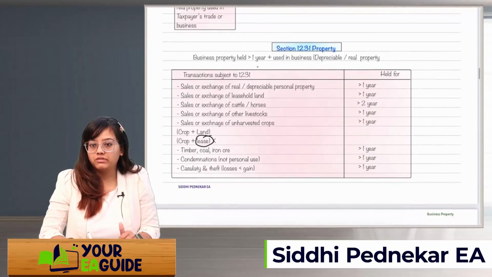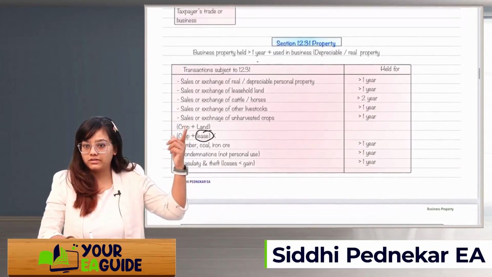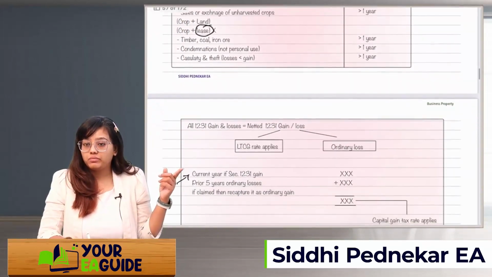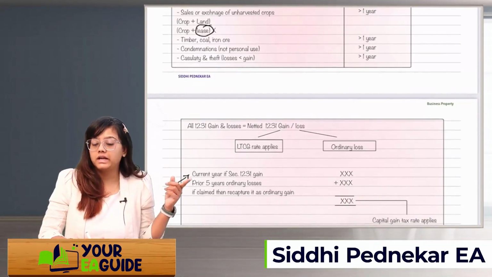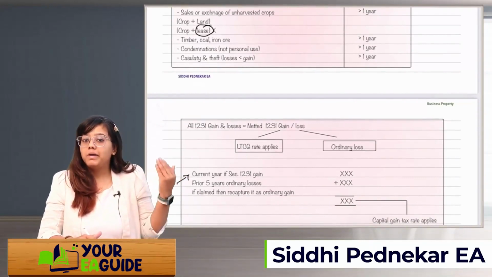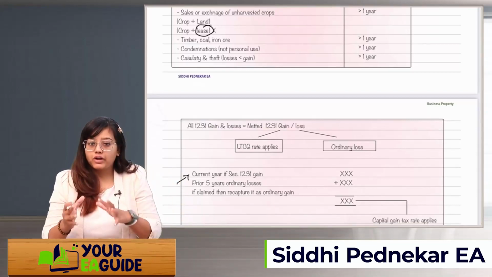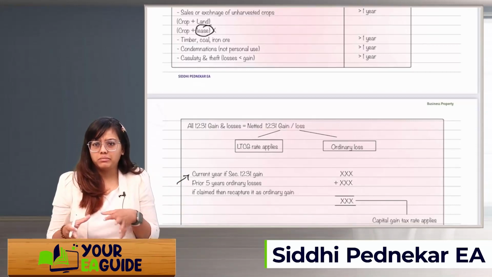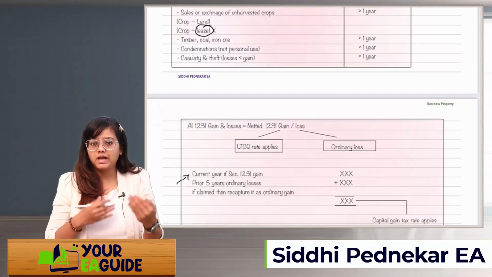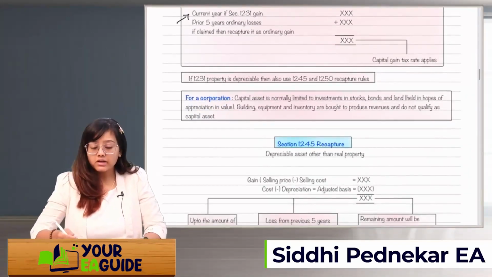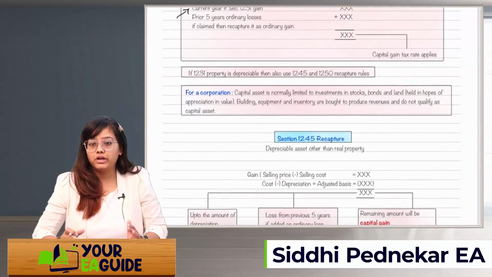In case of 1231 property, if it is held for more than the years mentioned over here, you have to see whether it's a long-term capital gain, then it will be applicable at a capital gains rate. If it's a loss, then it will be allocated to ordinary loss. And whatever loss has been allocated in the previous 5 years will be added back to your current year gain, if any.